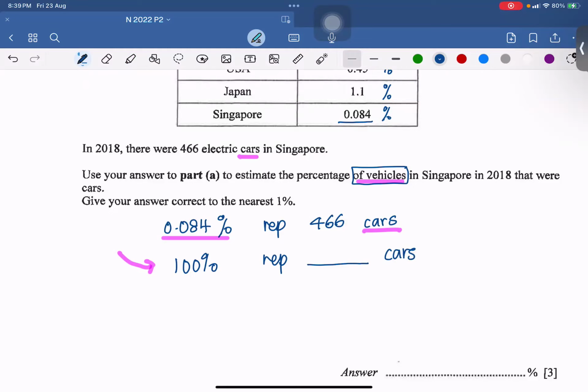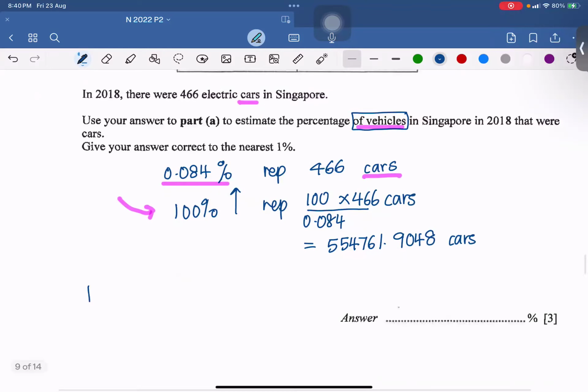So this will be 100 over 0.084 times 466, number of cars. This gives me not a very nice number, a rough percentage, but I shall be copying everything that I can get. So this tells me there are so many cars.